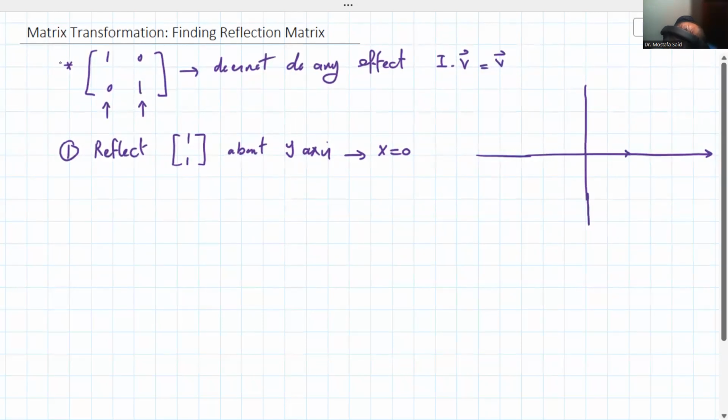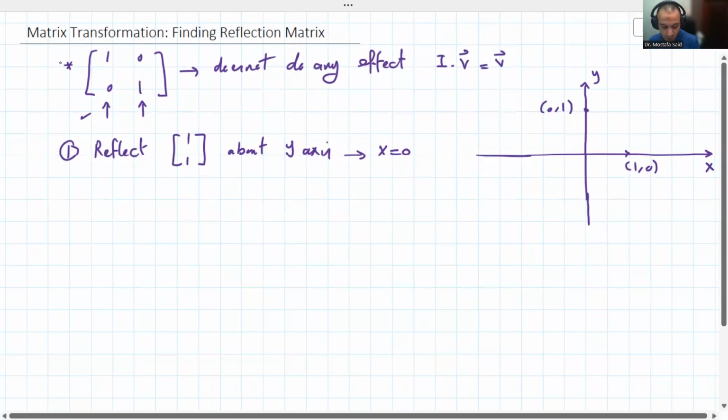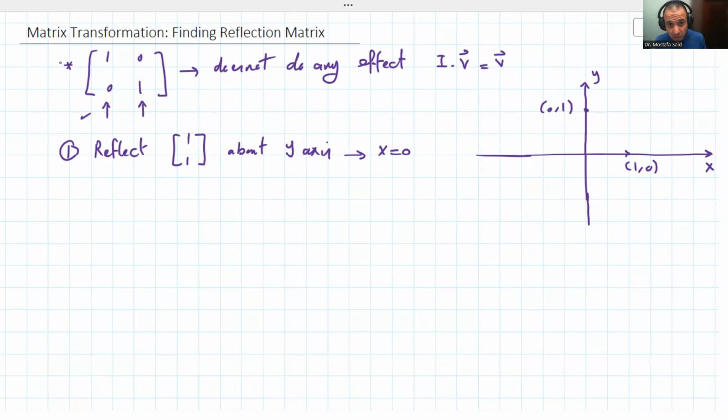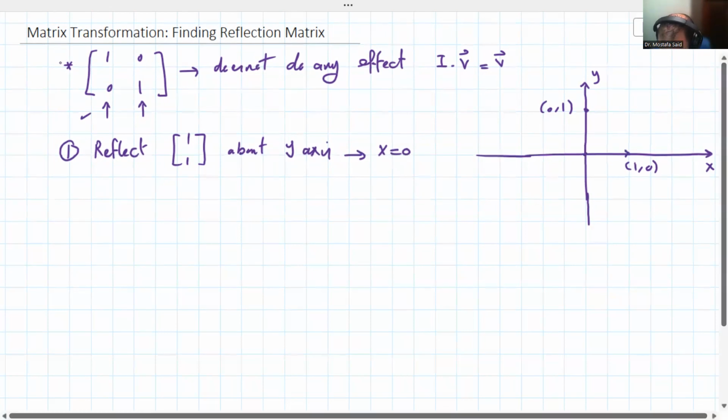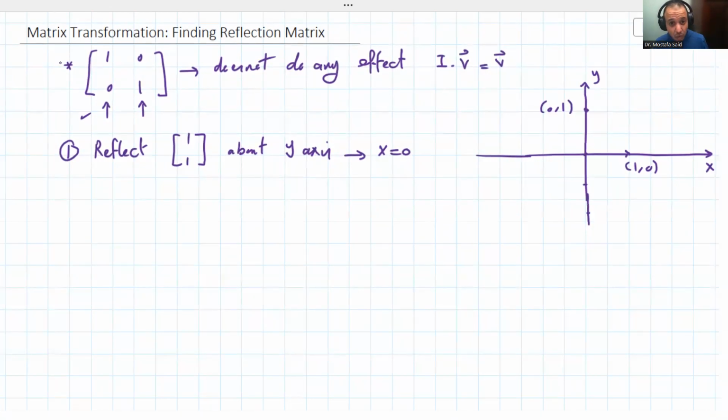This is the first vector, the first column, 1, 0. And this is the second vector, the second column, 0, 1. This is basically the y-axis. Why do they call it the x equal to 0 axis? Because any point on that axis always has x coordinate equal to 0.